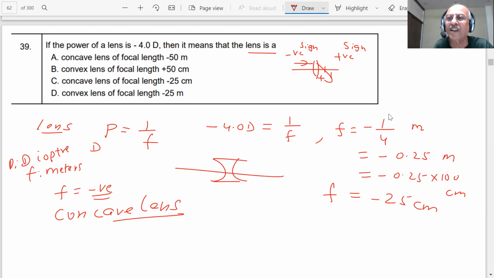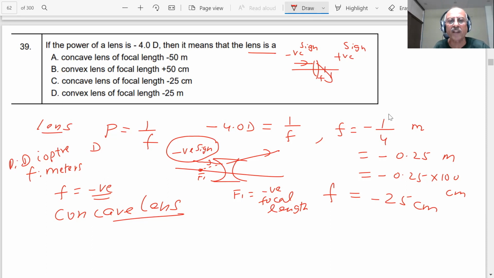It is a diverging lens, student. So what happens if a ray of light goes like this? It is diverged, and this is f1, a negative f1. This has a negative focal length, because the object is also on the same side, and this is the negative axis. Negative sign convention. Student, check the sign convention.